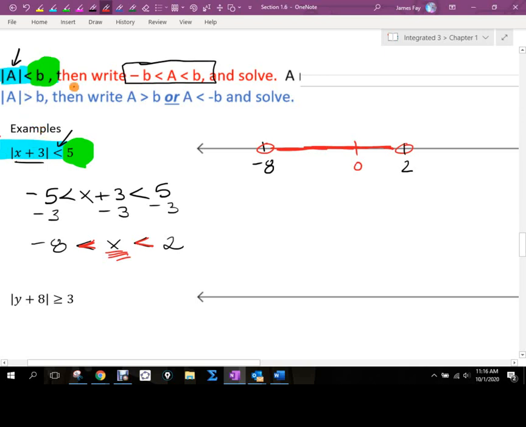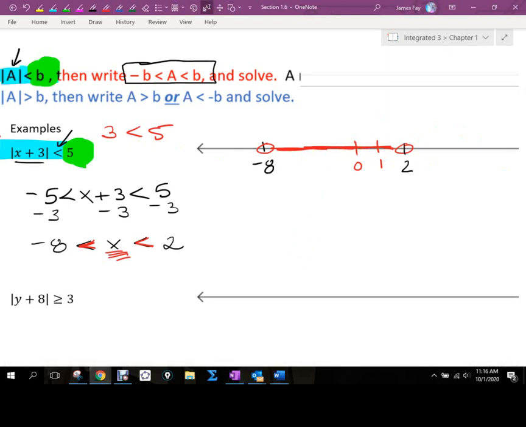What's the absolute value of 3? 3. Is 3 less than 5? Yeah. If I plug in 1, I get 4. Is the absolute value of 4 4? Is 4 less than 5? Yeah, and that's why these are shaded: they represent our solutions.